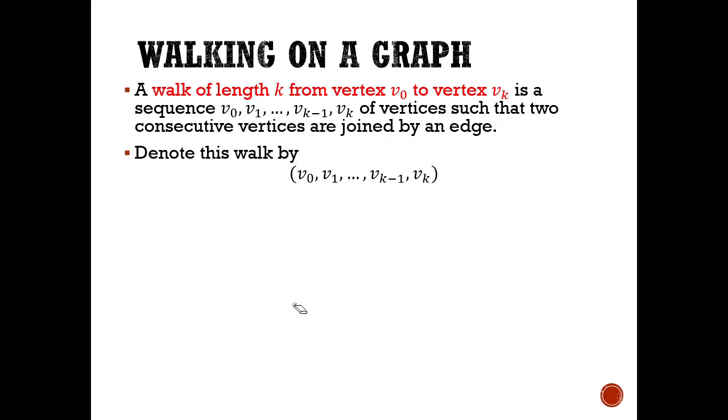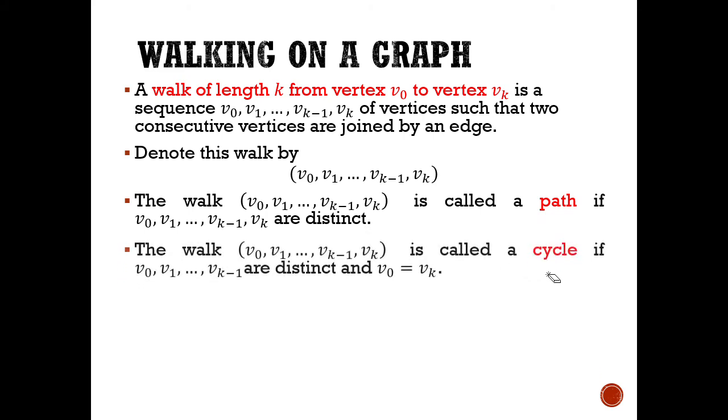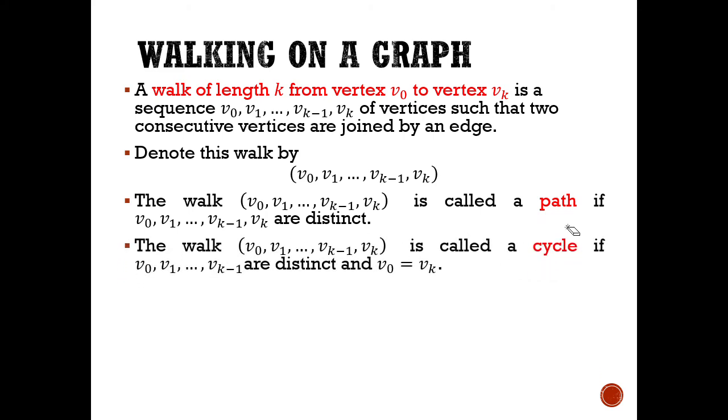Now, we will have two different types of walk in this discussion. We will have a path and a cycle. Now, when we say path, we mean a walk such that the vertices in the sequence are all different. Whereas a cycle is a walk such that the vertices are different except the first and the last.